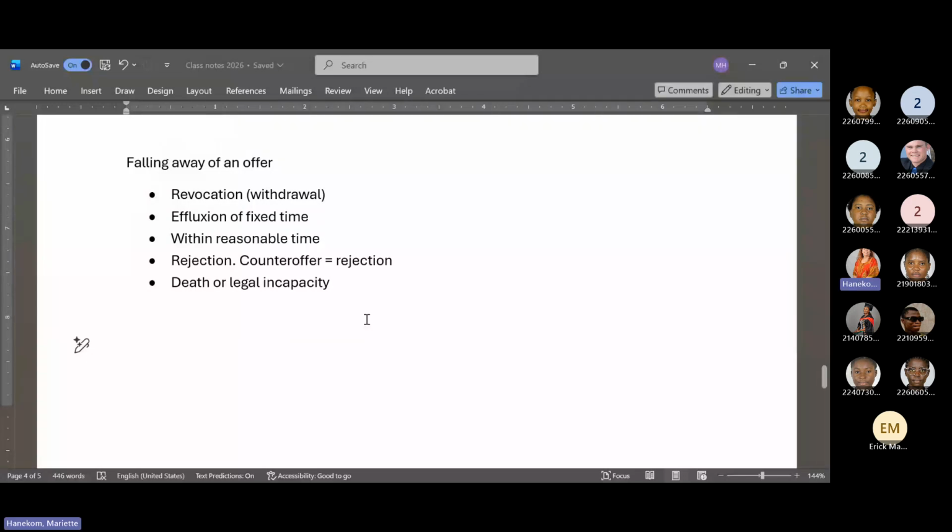Now, there are two legal concepts which relate to the falling away of an offer that you need to know about. The first one is an option.